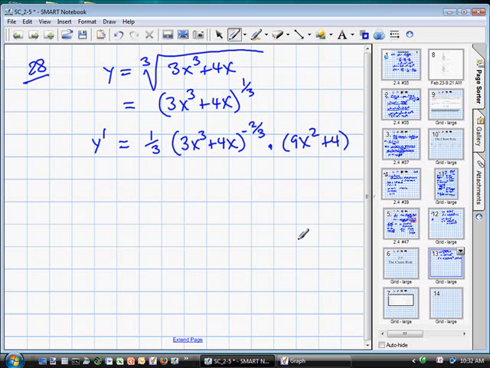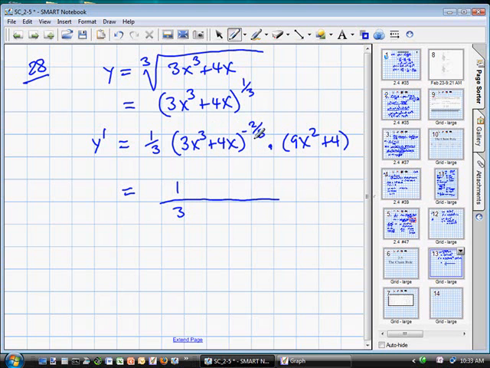Now, the book and I have a sense for not leaving negative exponents because they're not totally clear, so I would simplify this a bit. We have a 1 on the top and a 3 on the bottom from the 1/3. Doesn't this whole thing go on the bottom?